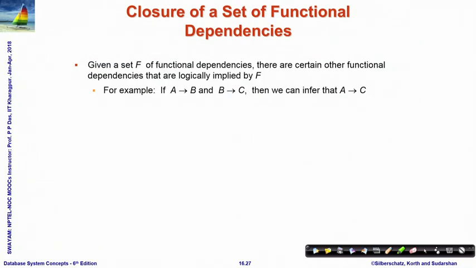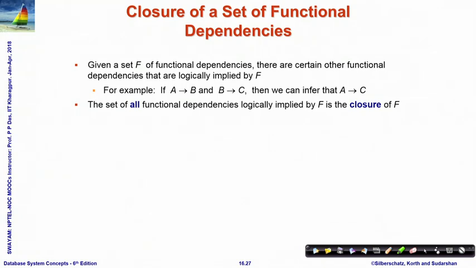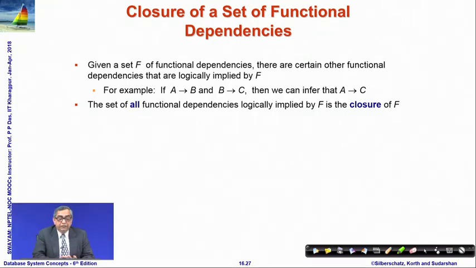Given a set of functional dependencies, we can actually compute a closure. For example, if A functionally determines B and B functionally determines C, then we can infer that A functionally determines C, because if two tuples match on A, A determines B says that they match on B. Now, if B functionally determines C also holds, then if they match on B, they match on C. So, if they match on A, then necessarily they have to match on C. This is called the logical implication of a set of functional dependencies, and we will see more of this later, but if we take all functional dependencies that are logically implied by a given set F, we say that is the closure set, and we represent that by F plus.